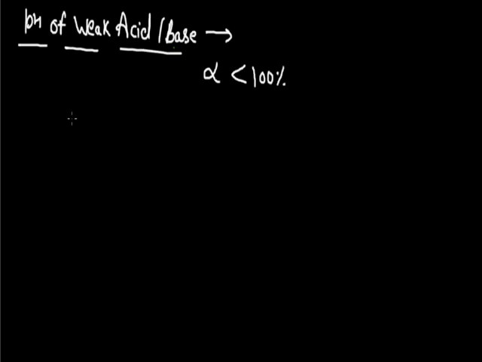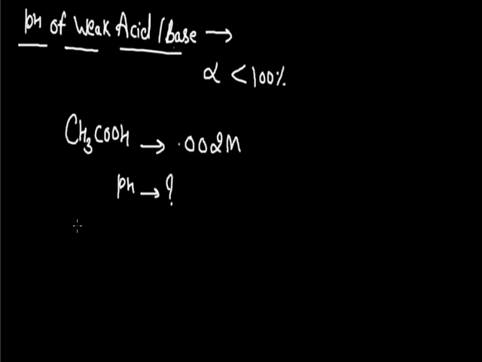For example, if the concentration of an aqueous solution of acetic acid, that is CH3COOH, is given to us as 0.002 M, and we are to calculate the pH, first we write the ionization equation for acetic acid.